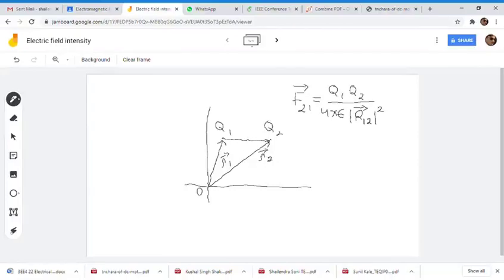This is your vector R12. It starts from 1 and ends at 2. The force experienced by Q2 due to Q1 will be in the direction of this distance vector R12, so we can take a unit vector in this direction.